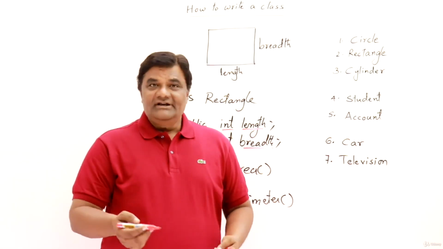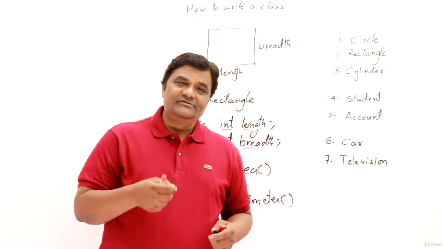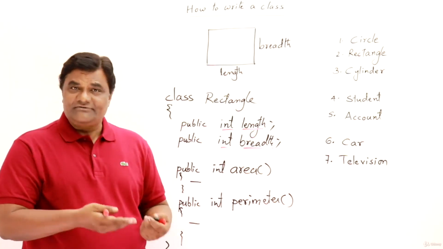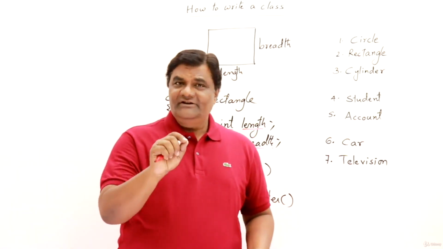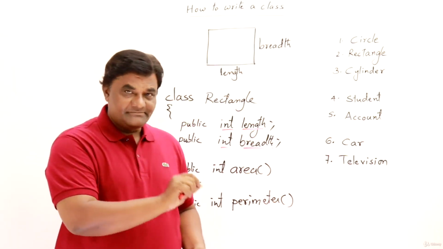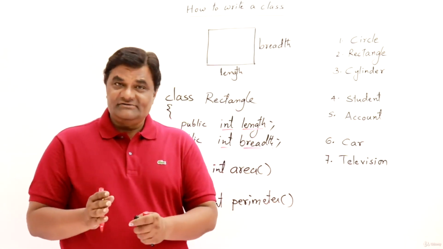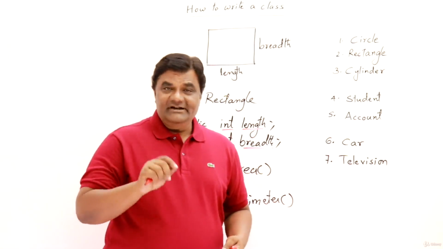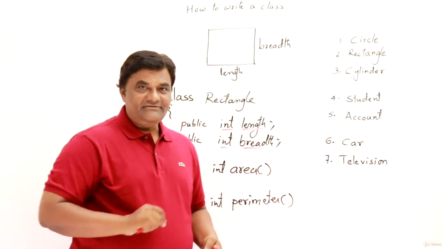It's up to you. If you only want to work in integers, then you can take integers. If you have values with decimals, you go for double or float. You know very well that integer doesn't allow decimal values. Double allows decimal values. Float is a smaller size than double. So you can select the appropriate one depending on the value that you are going to store.